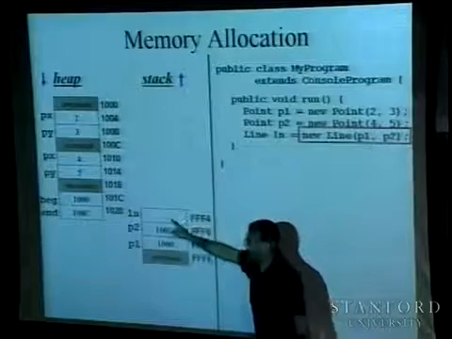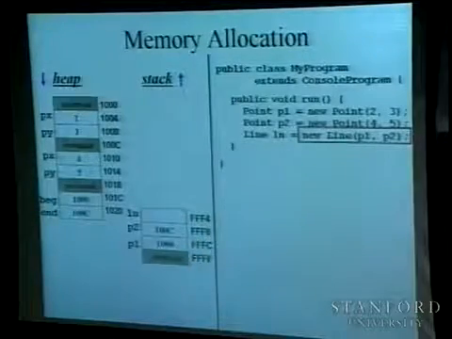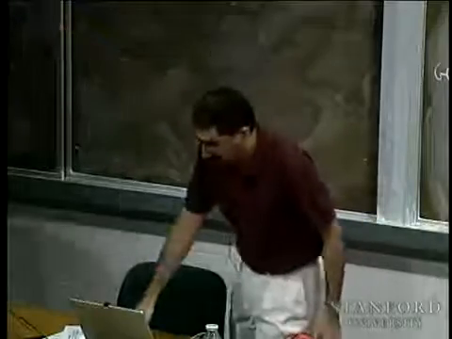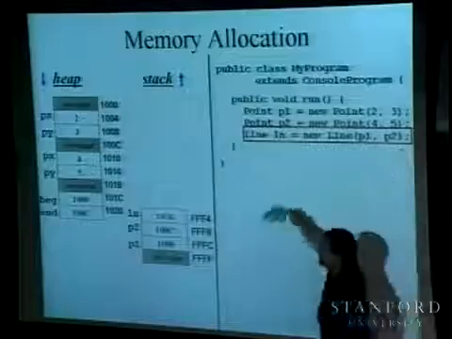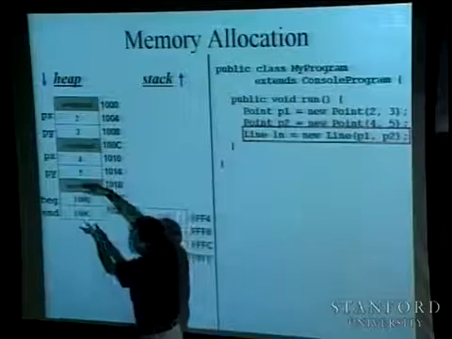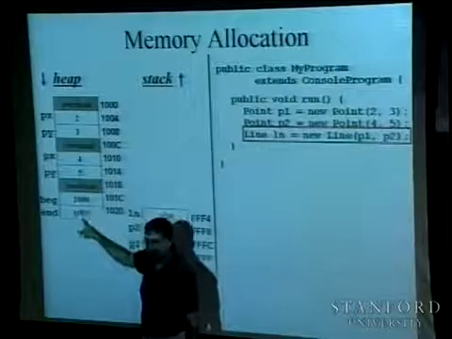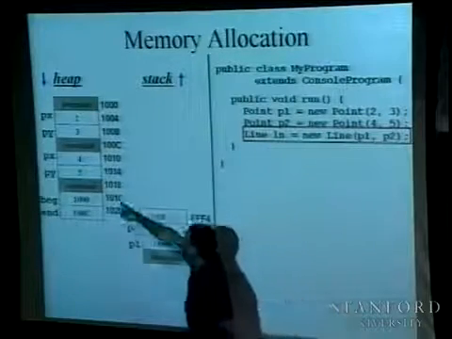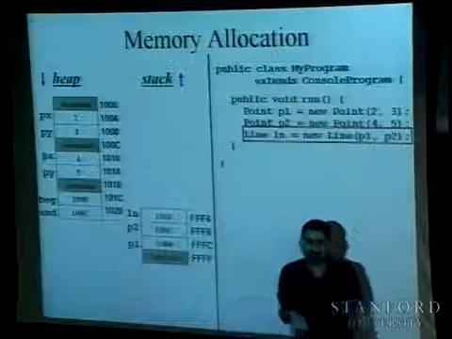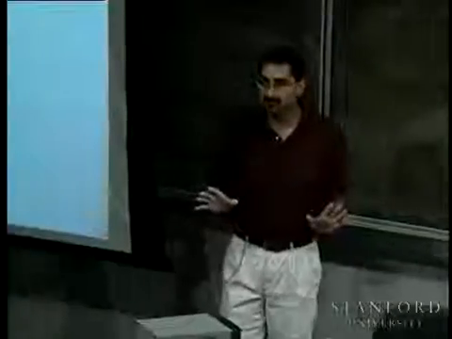And so the variable line, which is over here on the stack as a local variable, finally gets assigned the address of the line object on the heap, which is at 1,018. So when the whole line executes, basically what it's done is it's called the set aside memory with new, called the constructor, had the constructor fill in the initial values, and then what actually gets assigned to line over here is the beginning memory address for this object that was allocated on the heap. Okay? Any questions about that?